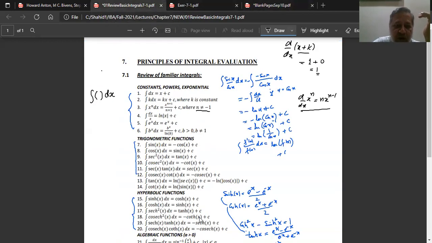Now, the antiderivative of secant square is tangent x, the antiderivative of cosecant square is minus cot, because the derivative of cot is minus cosecant square. The derivative of secant is secant into tangent, so the antiderivative of secant into tangent should be secant. The derivative of cosecant is minus cosecant into cotangent, so the antiderivative of cosecant into cotangent should be minus cosecant plus c.